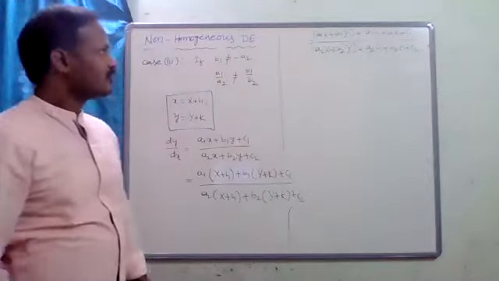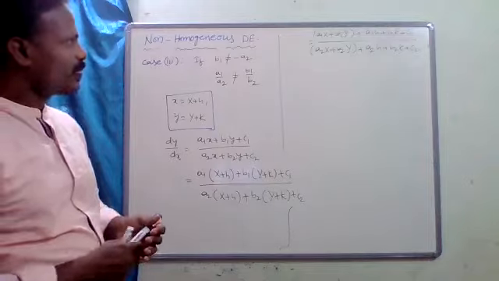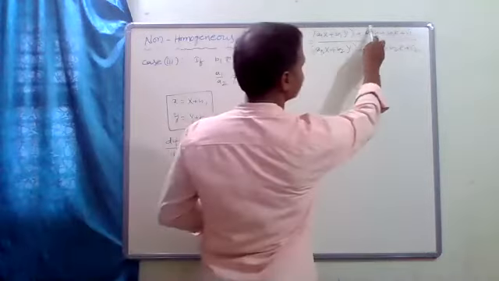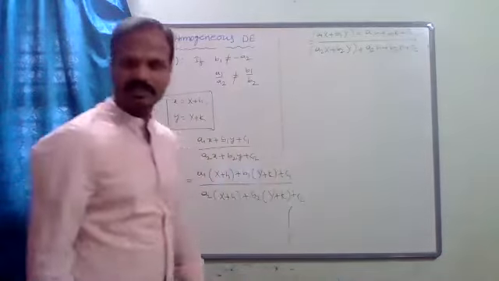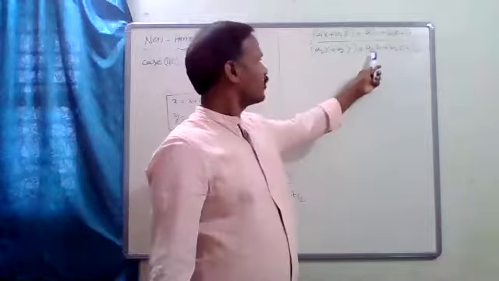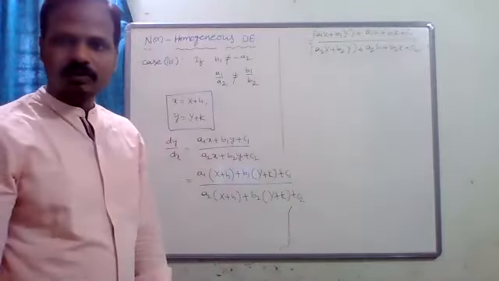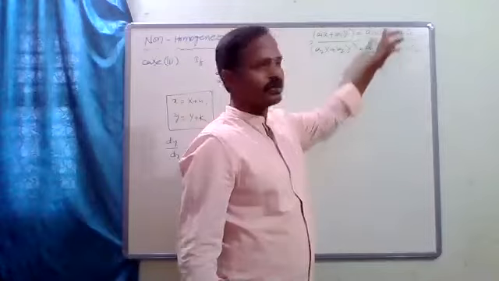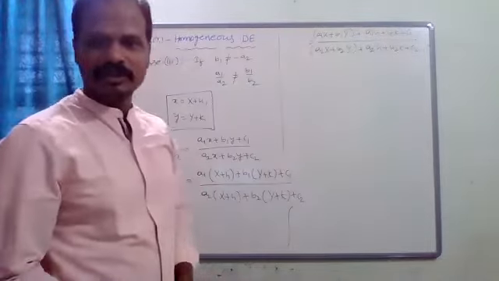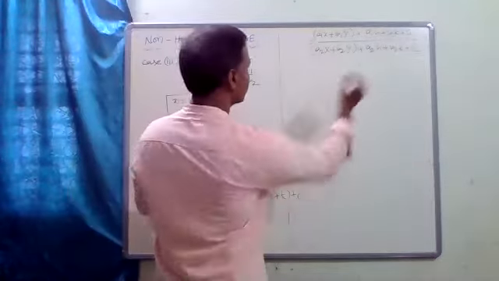And now see, what is the constant? a1h plus b1k plus c1 is a constant, and a2h plus b2k plus c2 is also a constant. Now make these two 0. The constant becomes 0.